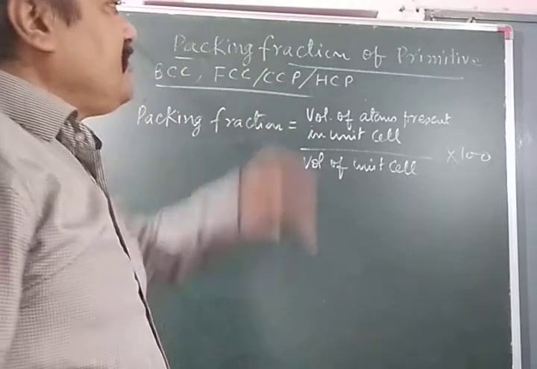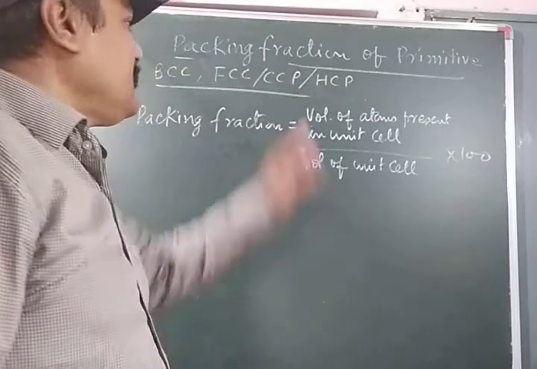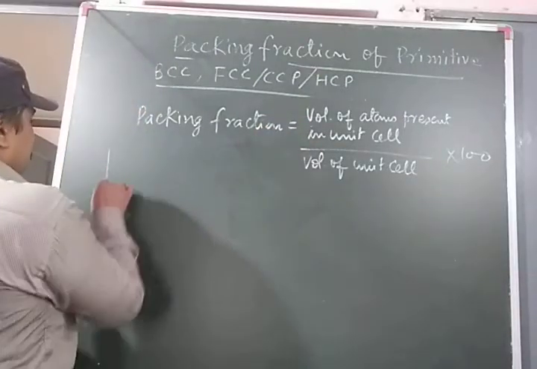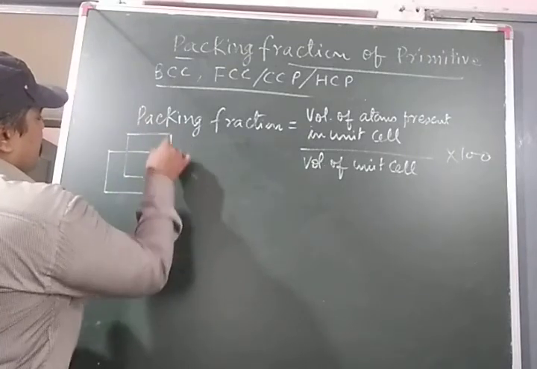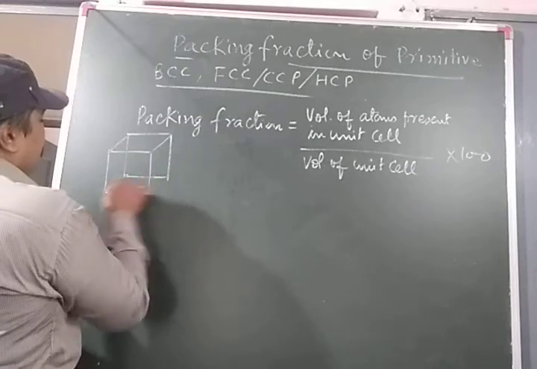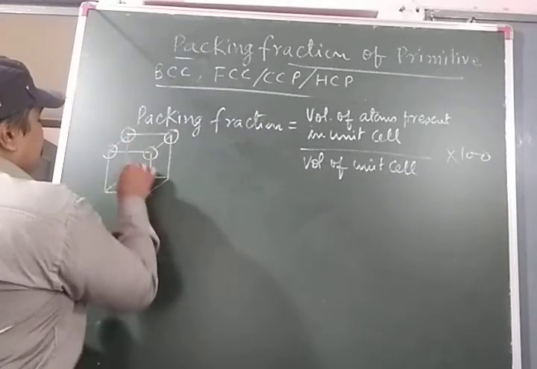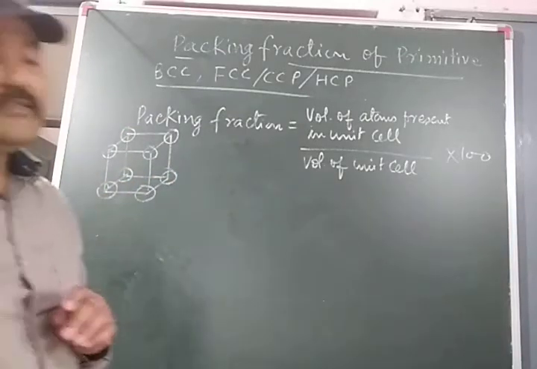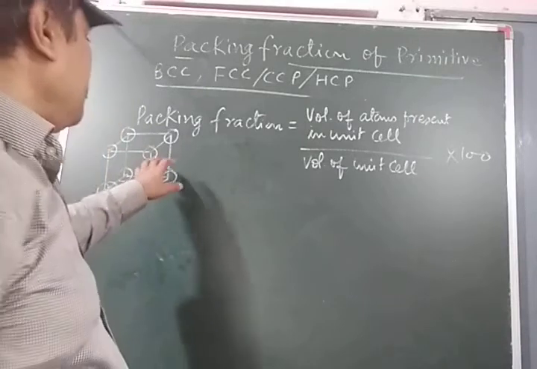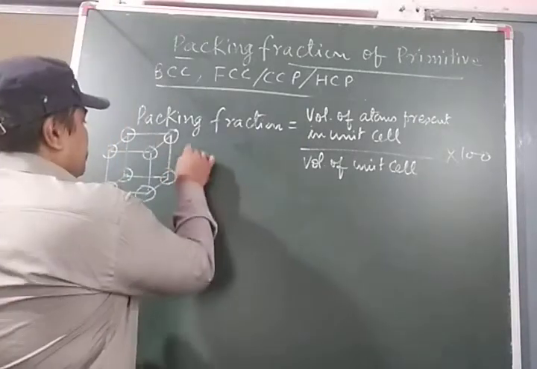Okay, so first of all we will take the primitive unit cell, and suppose this is primitive unit cell, and we very well know about the primitive unit cell that 8 atoms are present at the corners, and the share of these 8 atoms toward this unit cell is 1.